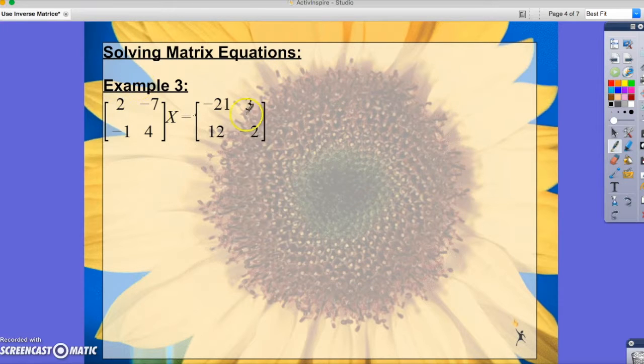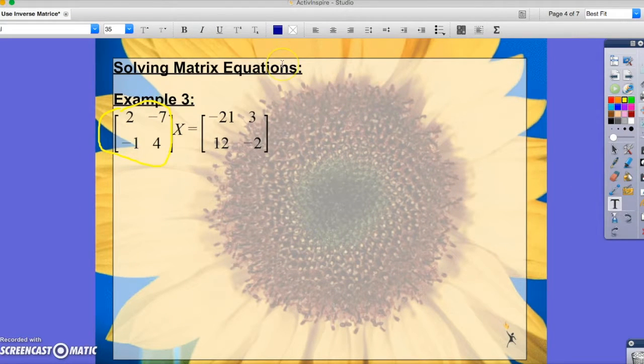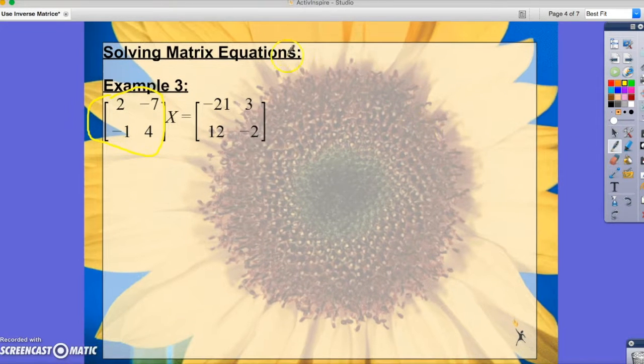So I'm going to find the inverse of this one here. All right, so I'll do it up top. Okay, so I'll do A to the negative 1. So we have to find the inverse of it, so we can multiply both sides with the inverse.